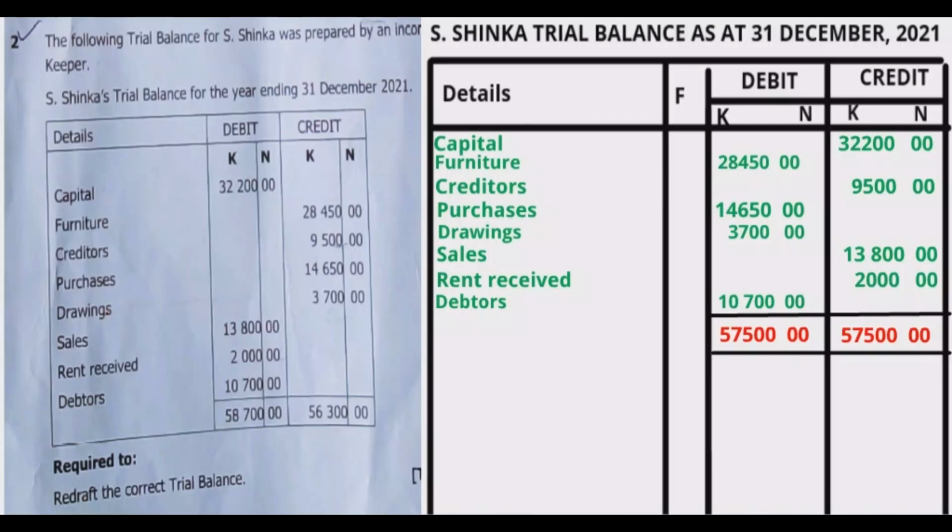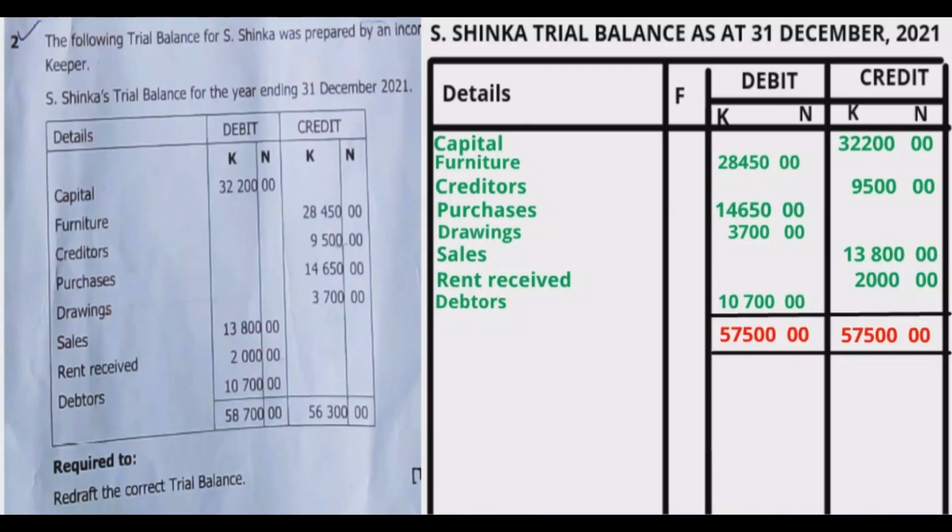So if you have to identify the mistakes he made, first he swapped the capital. The capital was supposed to be credited, he made it debited. Furniture was supposed to be debited, he made it credited. As well as purchases and drawings, they were supposed to be debited, but he credited.